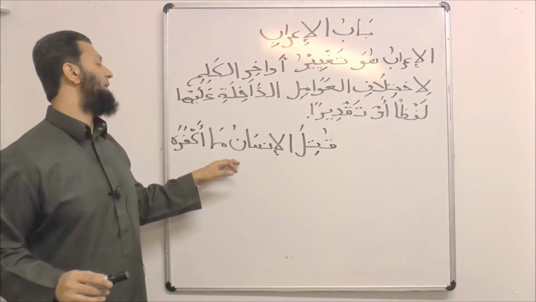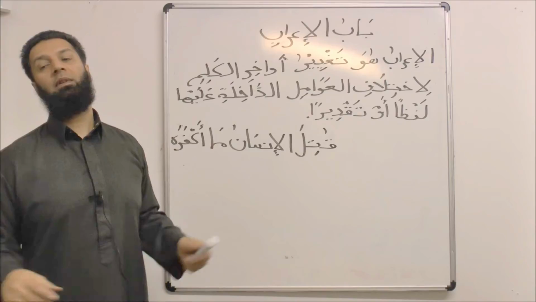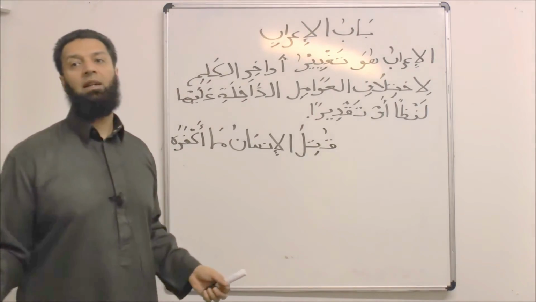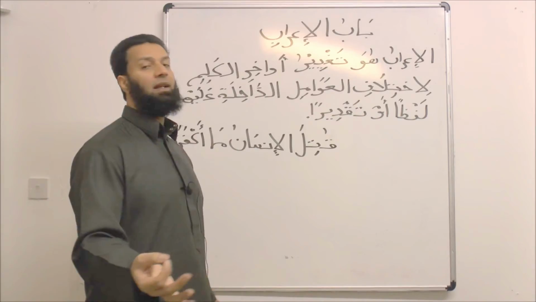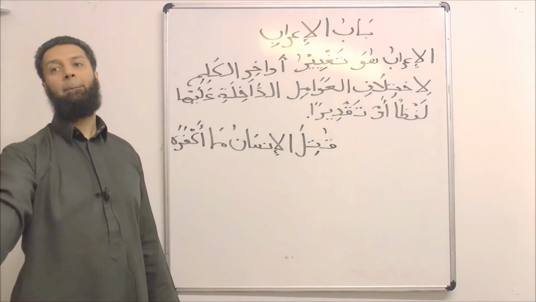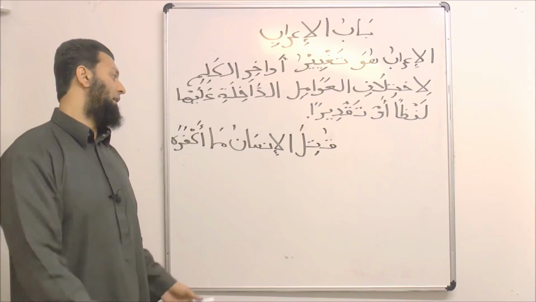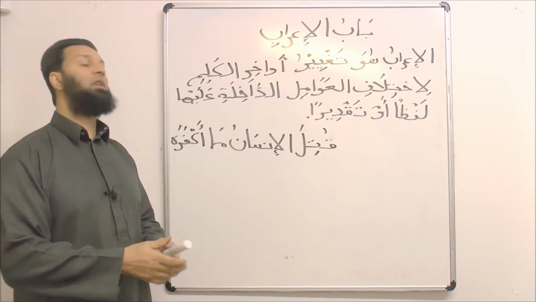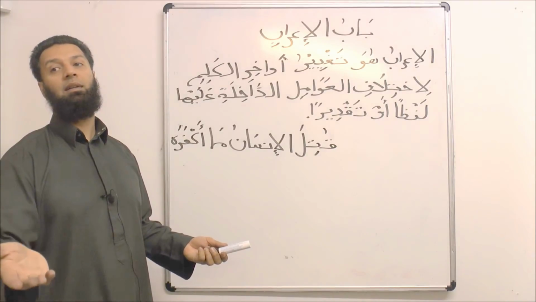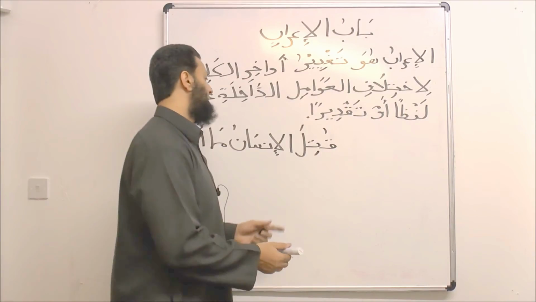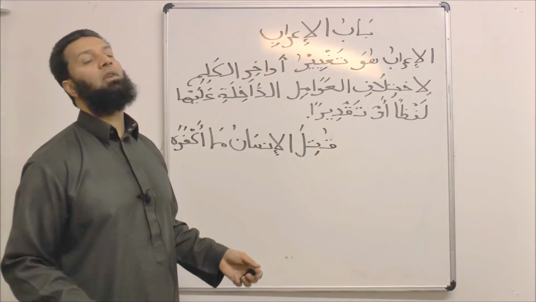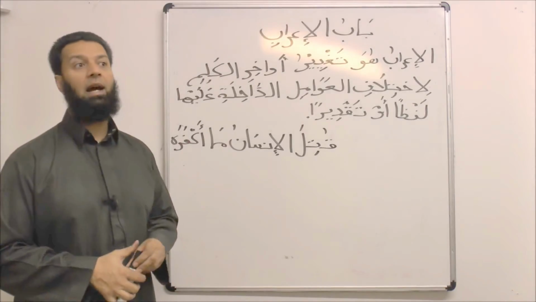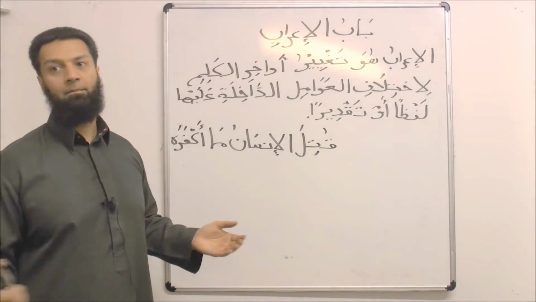What do we notice about al-insanu? It is مرفوع. وعلامة رفعه it is الضمة الظاهرة على آخره. So that is قتل الإنسان ما أكفره. ما تعجبية. Right? How much he disbelieves.